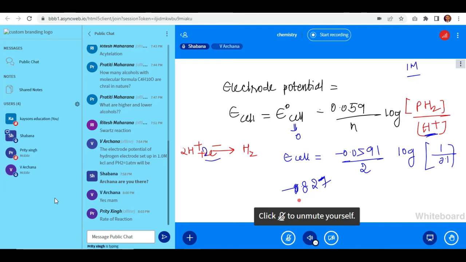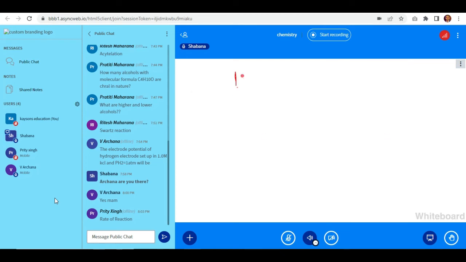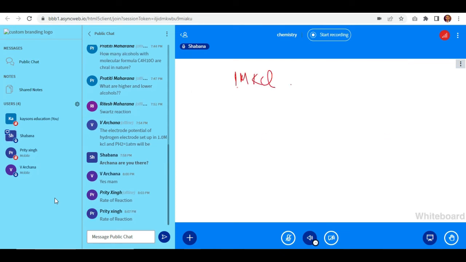Okay, okay. I'll tell you. So this is the maximum potential of hydrogen electrode and minimum is 0 volt. This is minimum. Maximum is minus 0.827. But here the hydrogen electrode is set up in 1 molar KCl. So KCl is what?